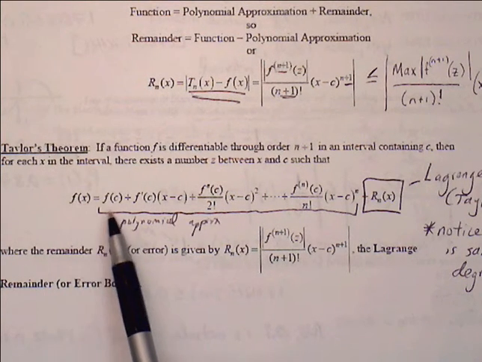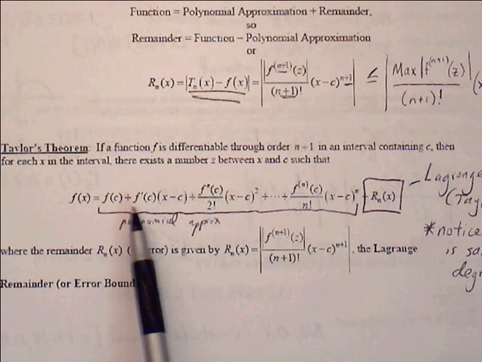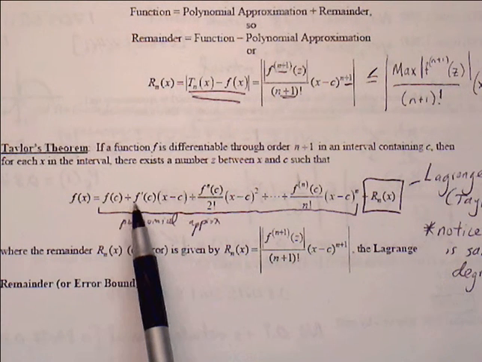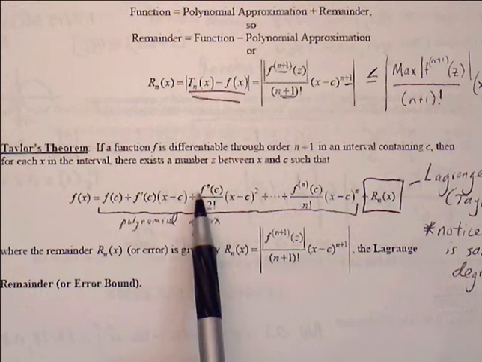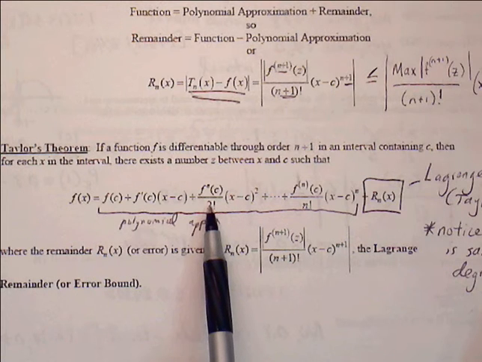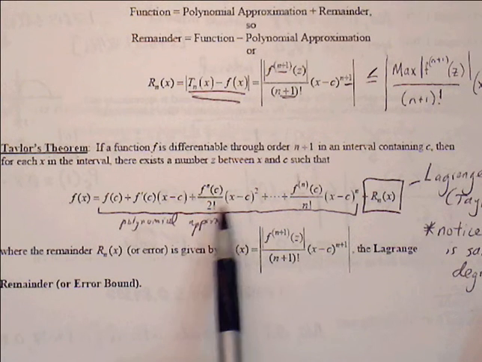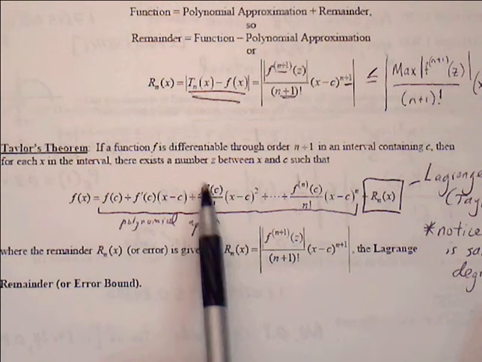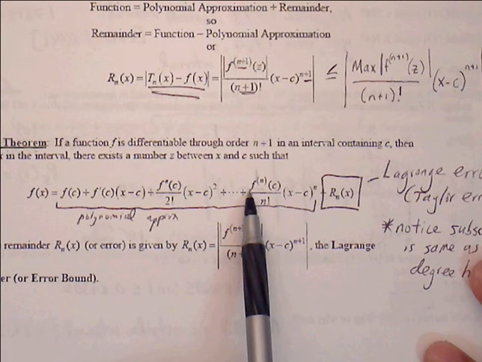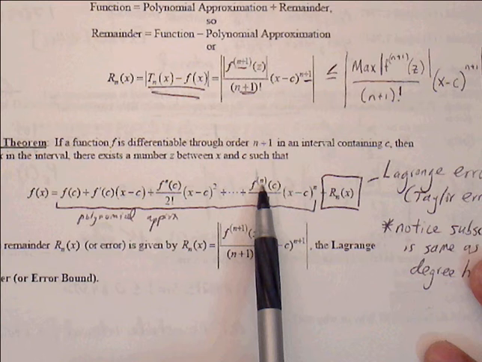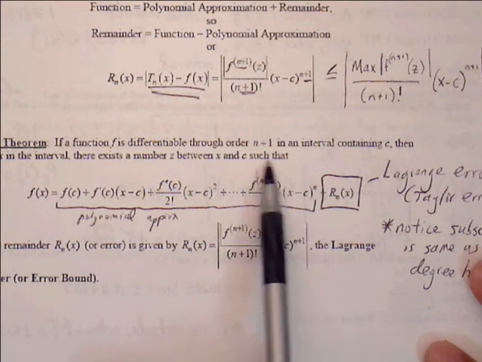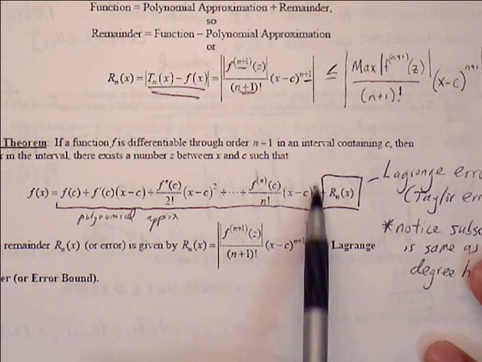We've seen this pattern, right? f of x is f of c plus f prime of c times x minus c, and then we keep increasing the derivative, dividing by the factorial and multiplying by x minus c to the matching power, and so on and so forth until we get to the nth term: the nth derivative evaluated at c, over n factorial, times x minus c to the n. So this is the polynomial approximation, with this being the last term.